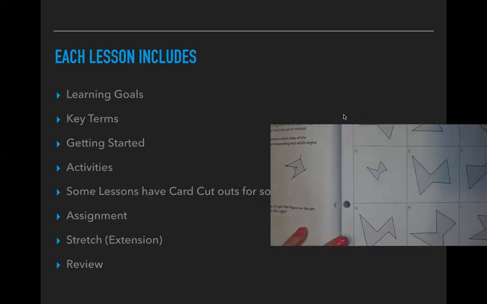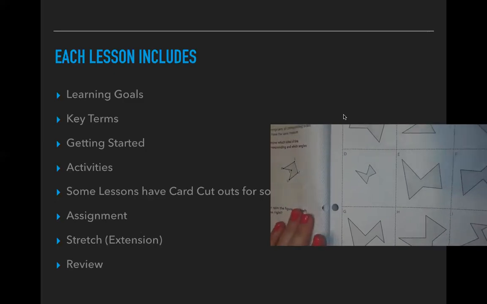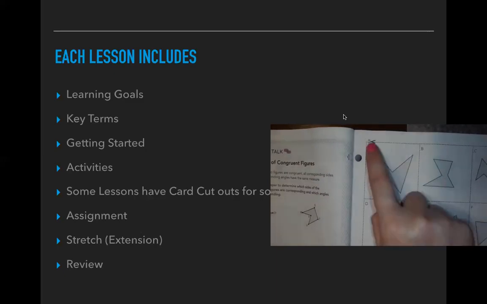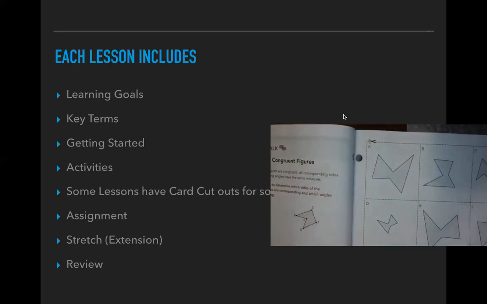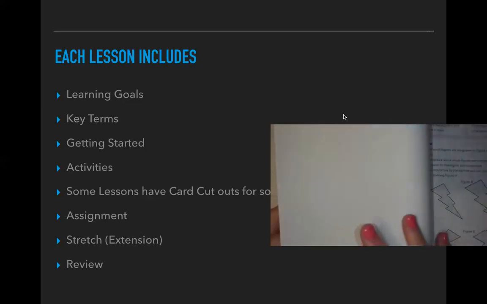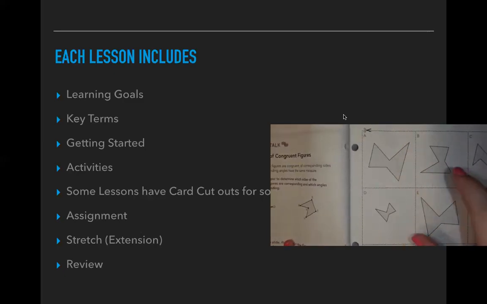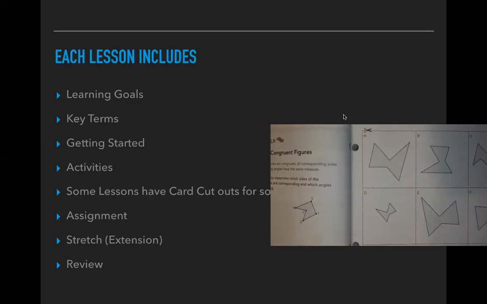What's really nice about this textbook, and why I keep calling it an all-in-one textbook workbook, is this page right here has the cuts. We will actually be cutting out, or tearing out, this page in our first lesson, and then you'll be cutting these out and we'll be rearranging them. I don't think Algebra 1's first lesson does that, but let me go look.